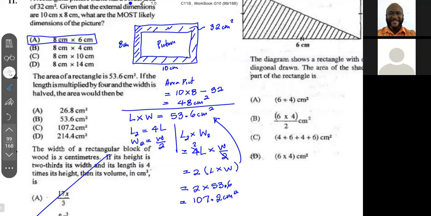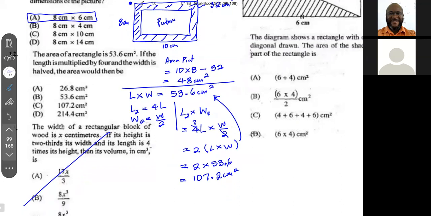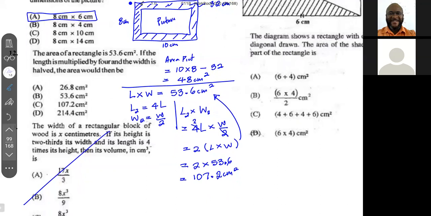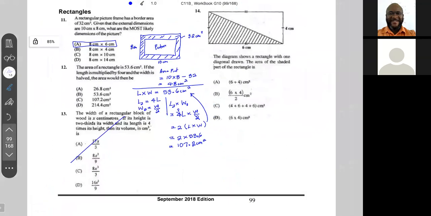Guys, if you multiply the length and the width of a rectangle and get 53.6 centimeters square, then you multiply the length by 4 and divide the width by 2, the new area would be 2 times the first area. It would be 107.2 centimeters square.